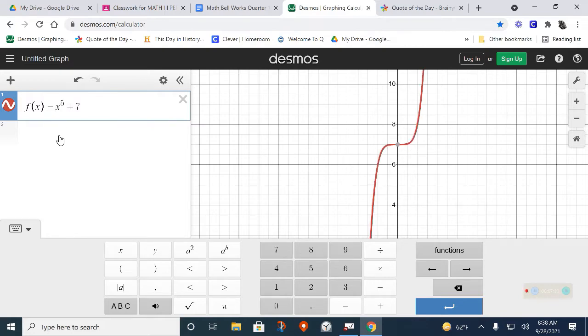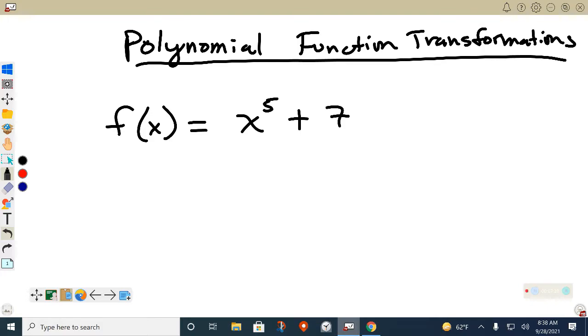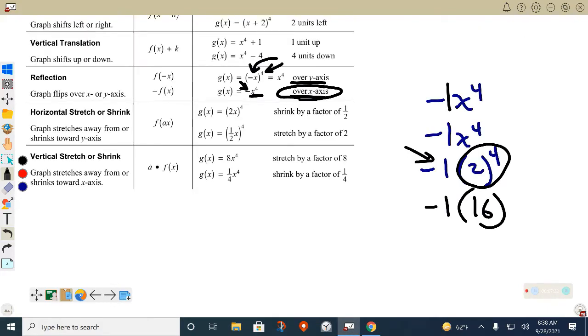If I just make x negative, then what happened is we flipped it over the x-axis. We flipped it over the x-axis.